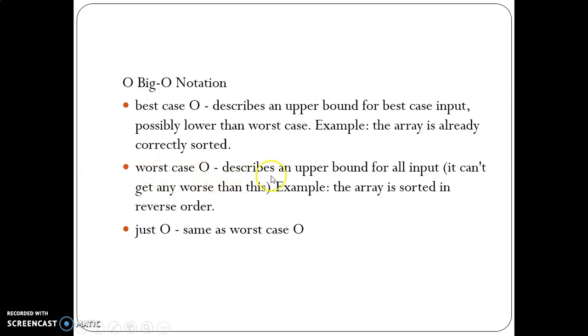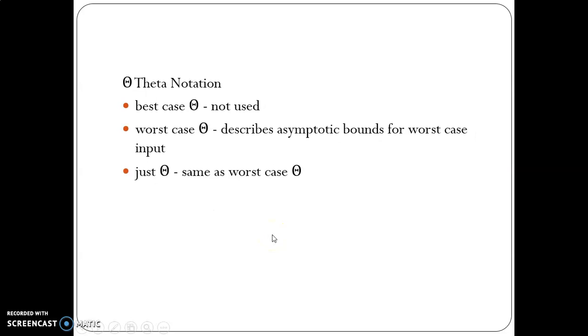The worst case O means that it is the upper bound for all the inputs, whether it is the best case input, worst case input or average case input. The algorithm will never take more time than this. And when we use it for the average case, it is the same as the worst case complexity.